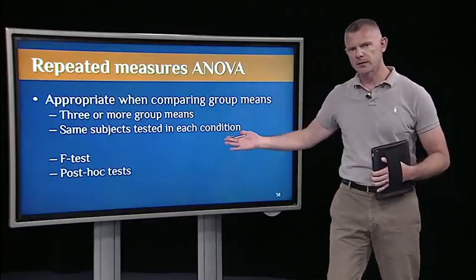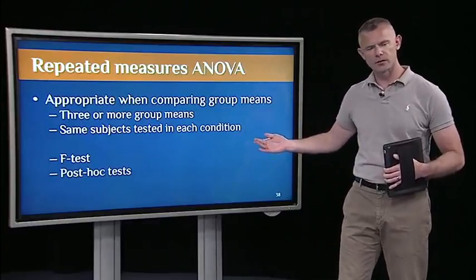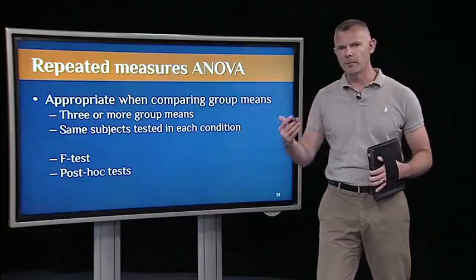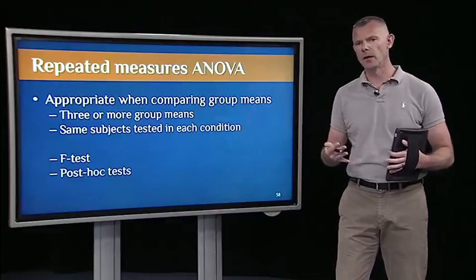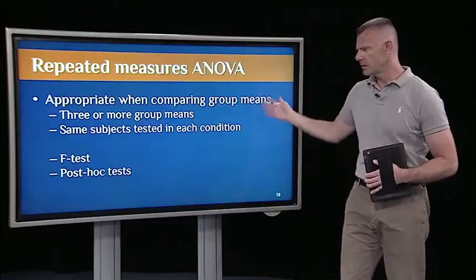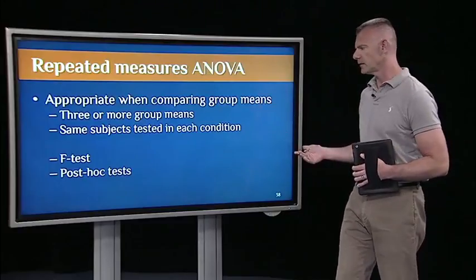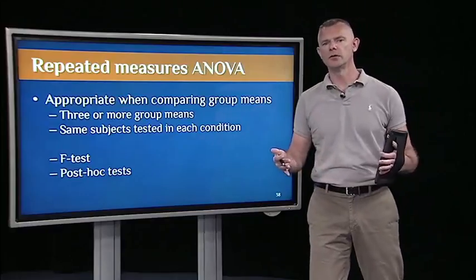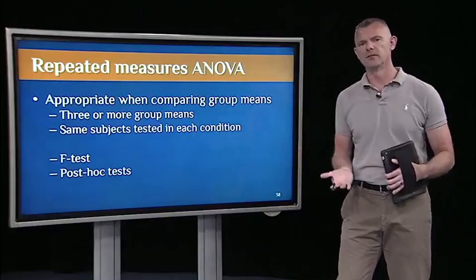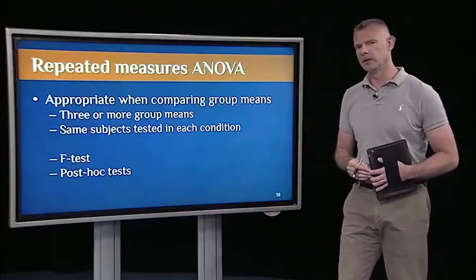And because it's an ANOVA, it's going to generate an F-test or F-ratio. That's a null hypothesis significance test, so we can follow that up with effect size. And since it's an F-test, if it's significant, we need to follow it up with post hoc tests, which are a variety of procedures that all protect against that inflation of the probability of type 1 error.